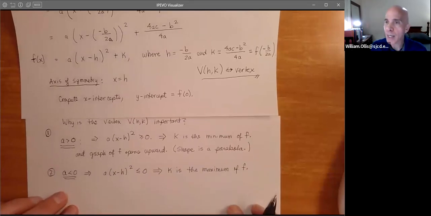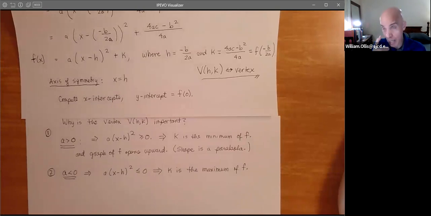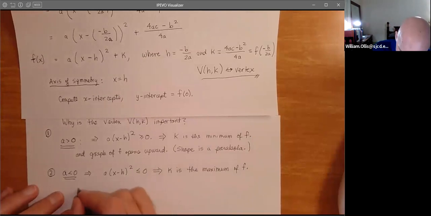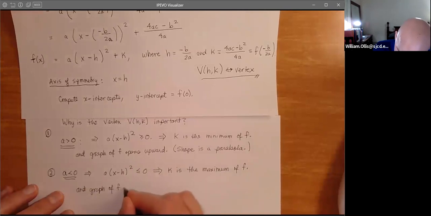So you can, for instance, just have a problem where it'll say, what's the maximum of this function? And then you're thinking, okay, well, that leading coefficient better be negative or this problem doesn't make any sense. So this says what? Graph of f opens downward.